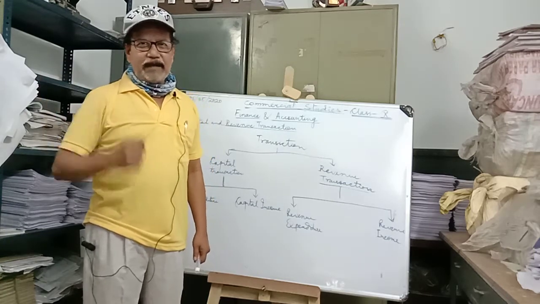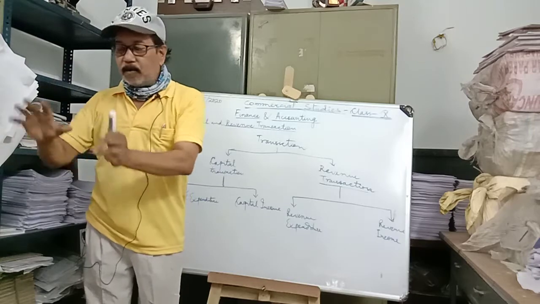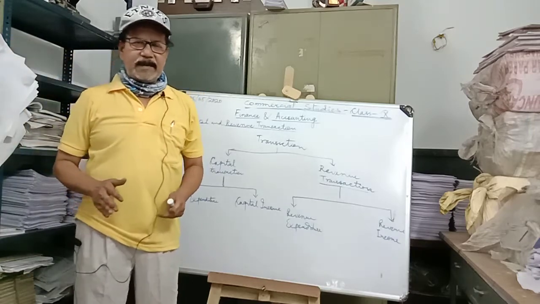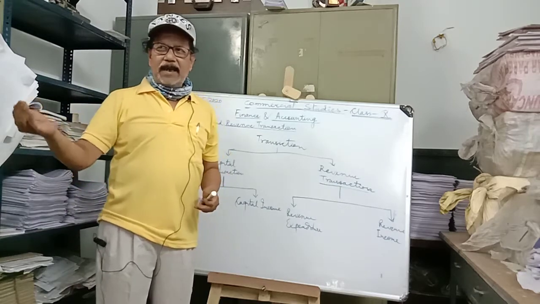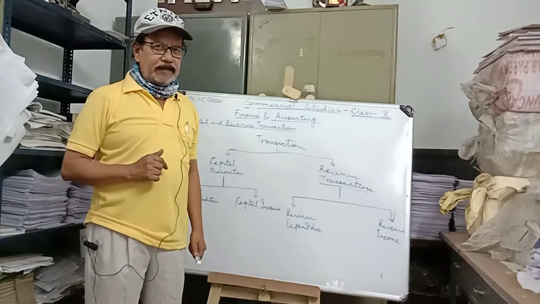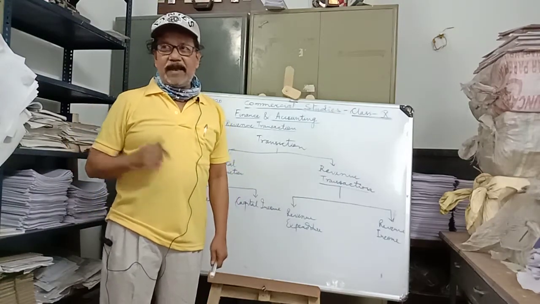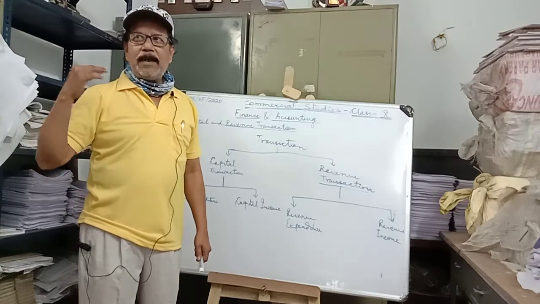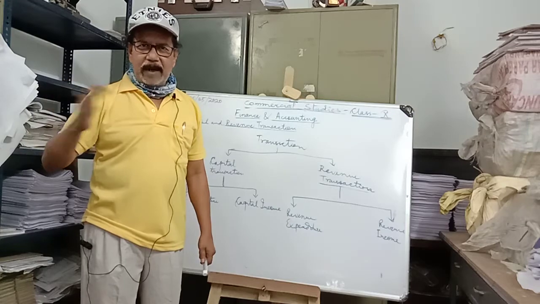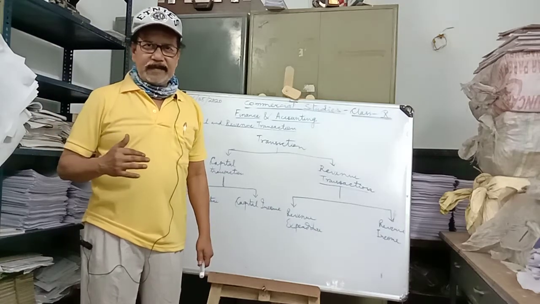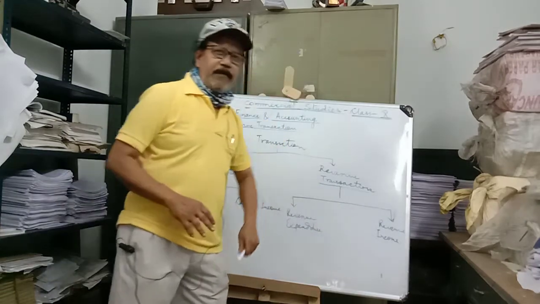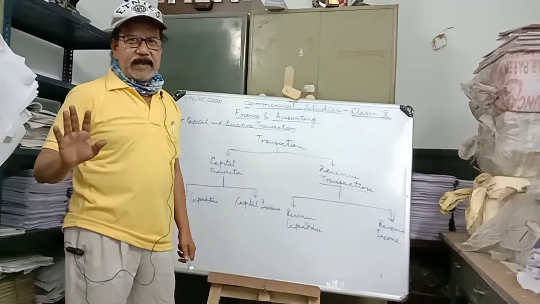Interest on investment: we have invested our money in a bank, or in other companies' shares or debentures, etc., and we earn interest out of that investment. Revenue income. Why? Because this income will come on a recurring, regular basis. Okay, is that clear? So this is called revenue income.